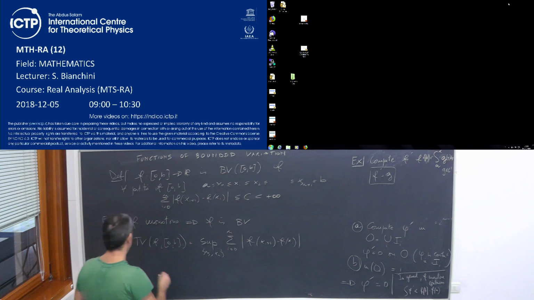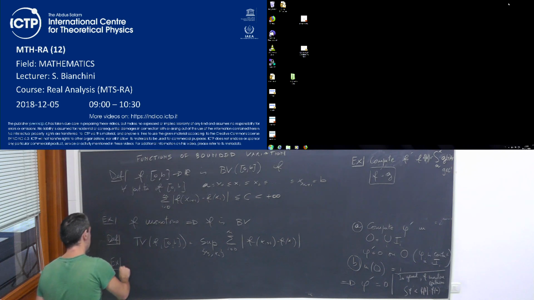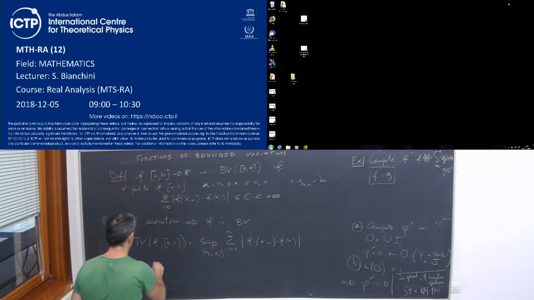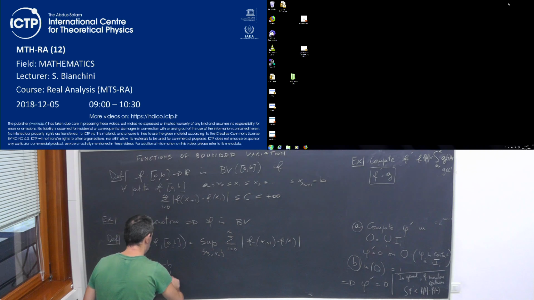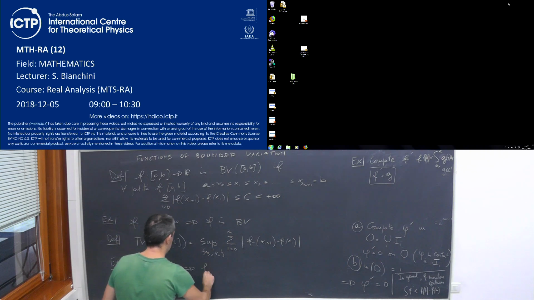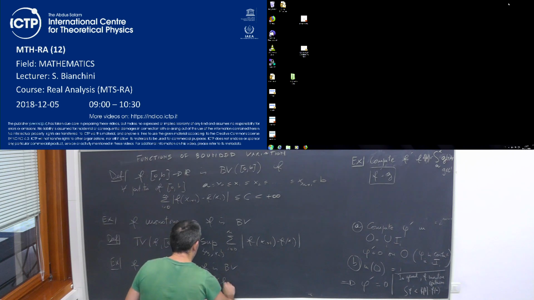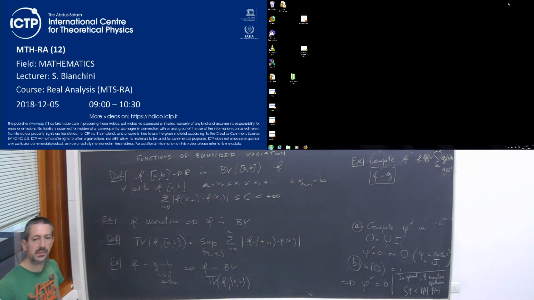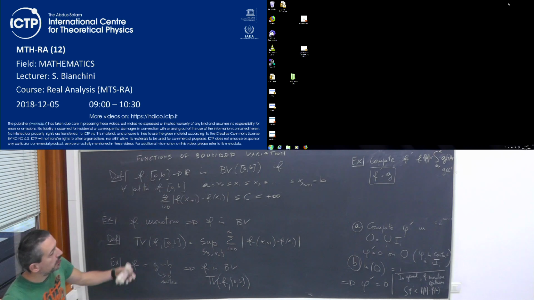So from this we also deduce that if f is the difference of two monotones, let's say g minus h, and both are monotone, then f is BV, and for the total variation of f in the interval, you have to apply the definition.